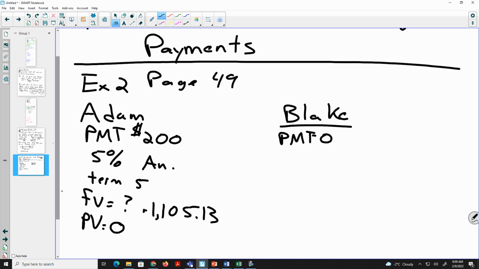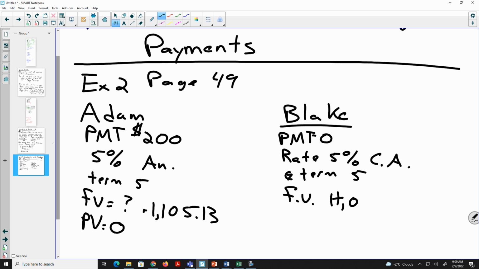At 5%, compounded annually, for 5 years. We know his future value is going to be the same. And we don't know what his present value is. Because it's worth the same, it says. It says after the 5 years, their future values were the same.